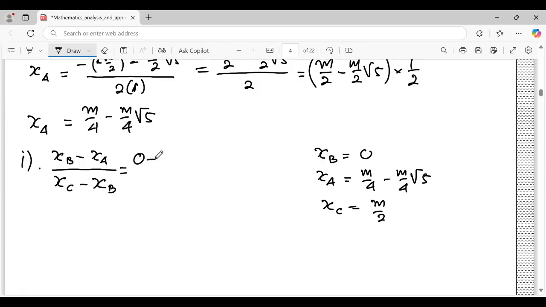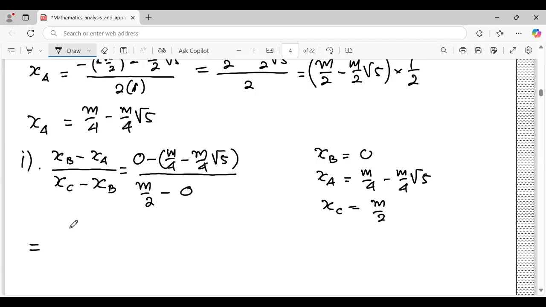So 0 minus m over 4 minus m over 4 square root 5, over m half minus 0.